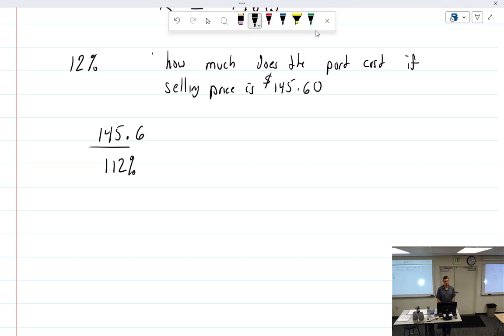Low profit margin. So what you're trying to find is what the 100% is. So you do equals X over 100. What did I pay for it? That is the key to this one. And if you don't do that right, you'll never get it right because of the way percentages work.